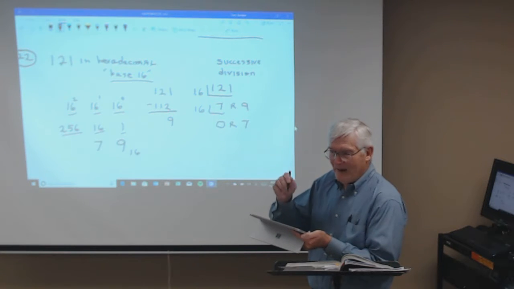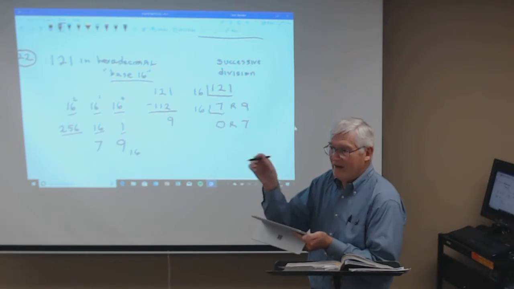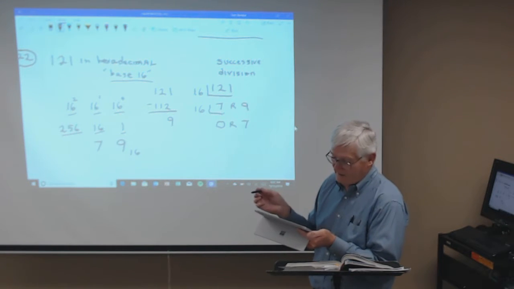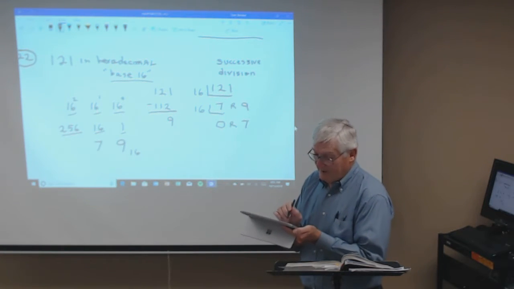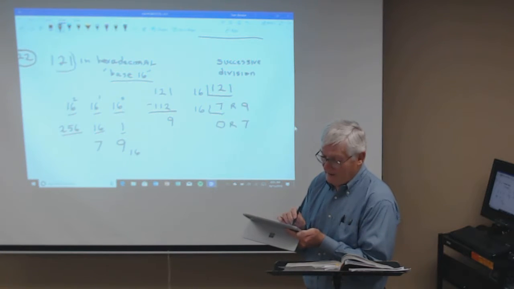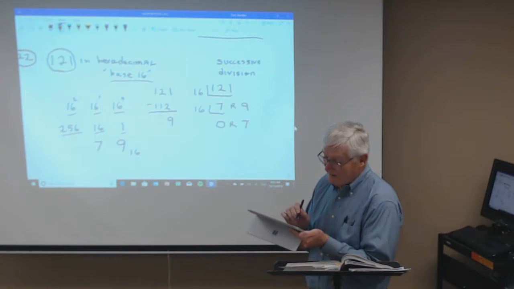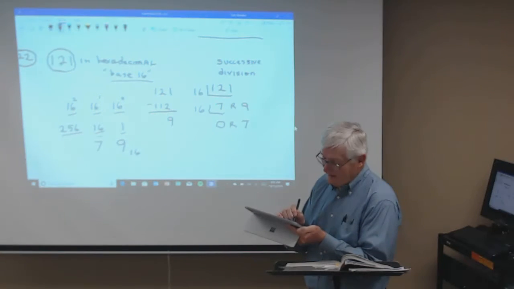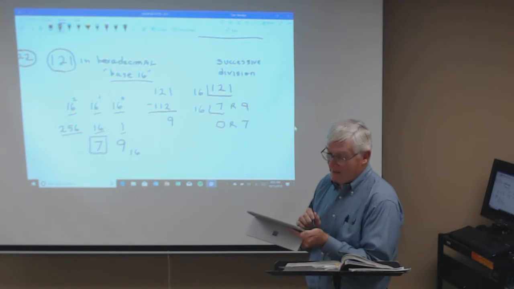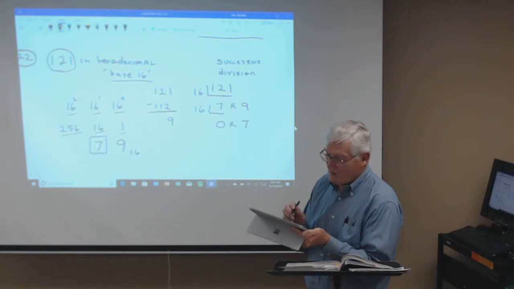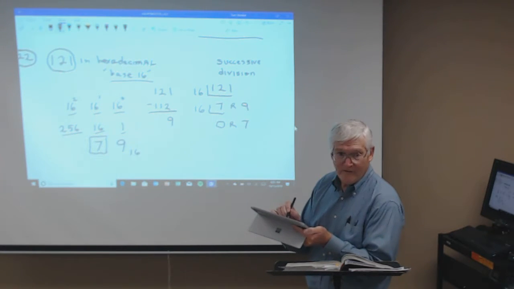See why if you make the chart once, you can just keep looking back at your chart and saying, where's my place values for base 16? And 121 is the number I'm working on, so I don't need to go up to 256. But how many 16s in 121? 7. And if I take 7 times 16, what do I get? 112.